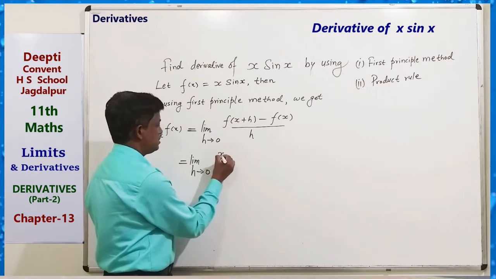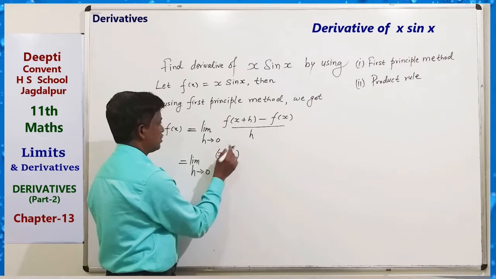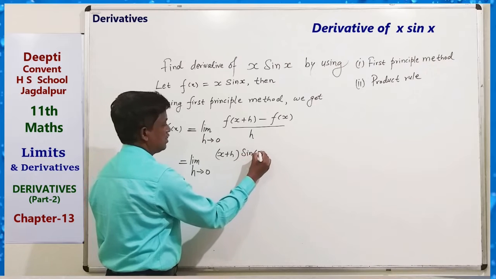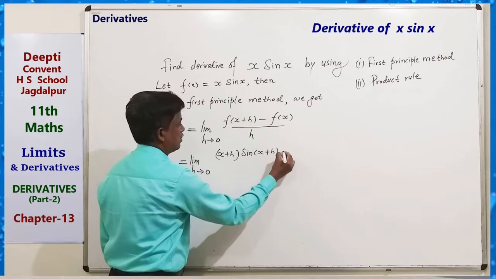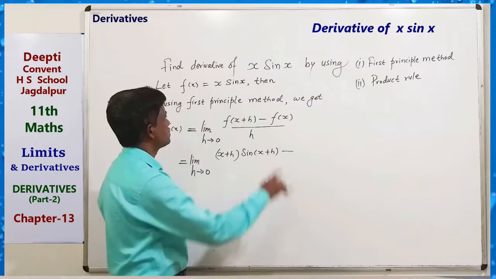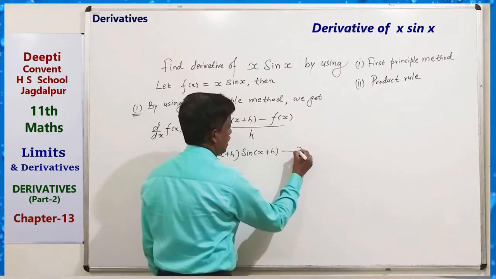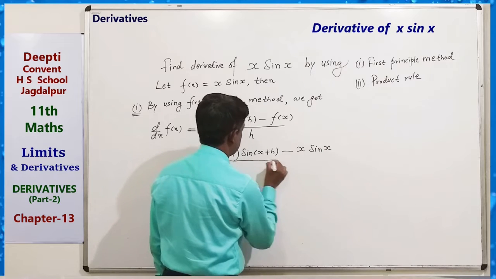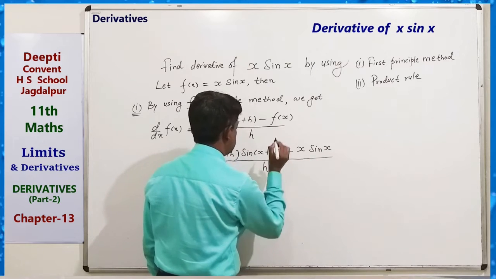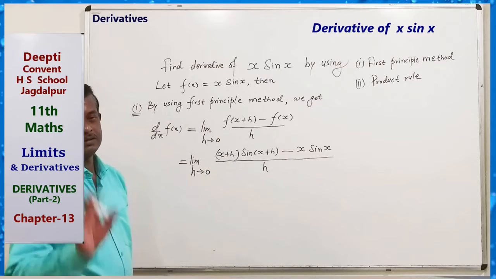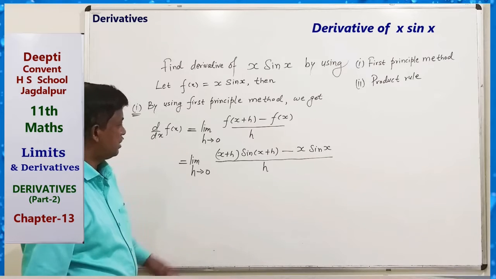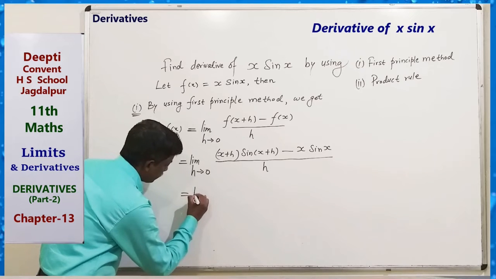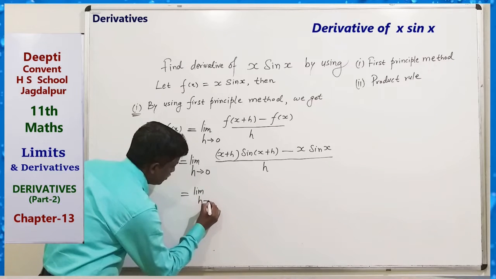So (x plus h) sin(x plus h) minus x sin x, upon h. Now our target is finding this limit.